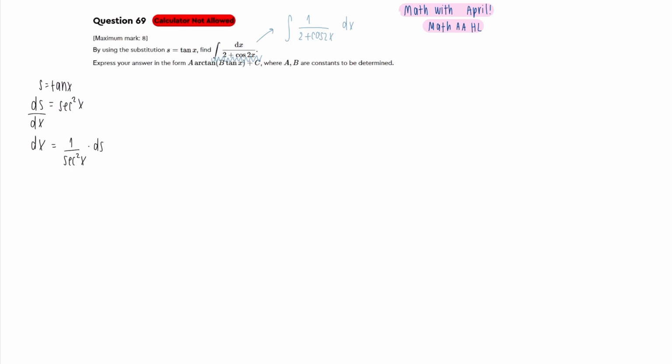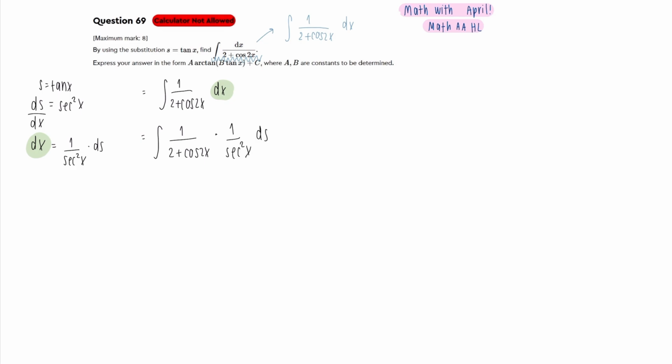Now we can move on to the main part, which is the integration of 1 over 2 plus cos 2x dx. We know dx is equal to this, so we can substitute that in: 1 over 2 plus cos 2x times 1 over sec square x ds.